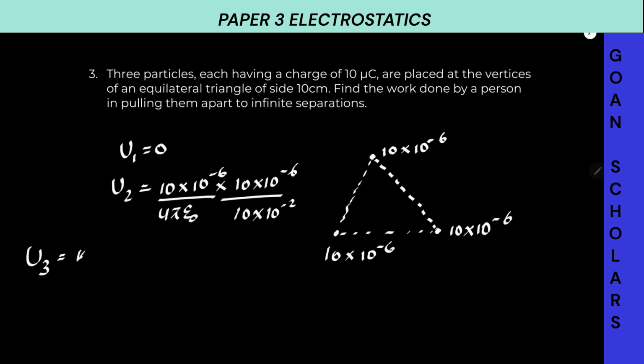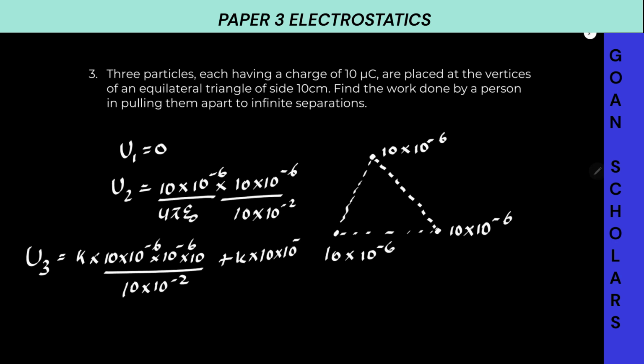That will be k, with k being 1 by 4 pi epsilon naught, times q1 q3 upon r, where r is 10 into 10 to the power minus 2, plus the influence of the third charge with the second charge, k q2 q3 divided by r.